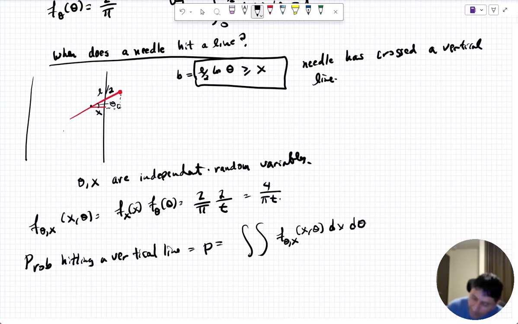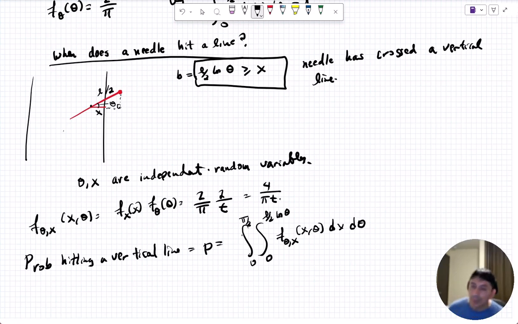Now x is going to go from 0 to L over 2 times cosine of theta, and theta is going to go from 0 to pi over 2, basically.